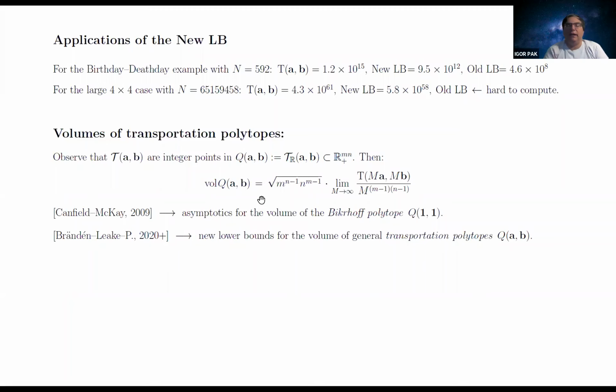But from the lower bounds we have, you do get lower bounds for the volume. So we get lower bounds for the volume of general transportation polytopes just by using this formula relating the volume of a polytope and the asymptotics for the number of contingency tables when we expand it all by the same factor m.